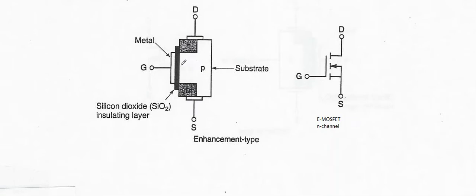The conduction can only be enhanced. It cannot be depleted from where it stands. It's already shut down and completely off. In contrast, the D-MOSFET can be depleted. If you remember, there is a channel that exists, and it can be depleted or enhanced for the D-MOSFET.